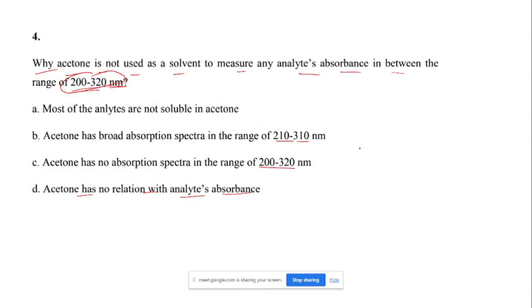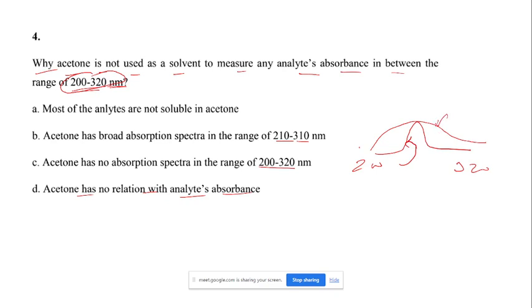Suppose some analyte is present in 200 to 320 which will give a peak like that. But you are dissolving this compound in acetone, then acetone will give a peak like that. Then you will not identify the analyte peak in the presence of the acetone peak.